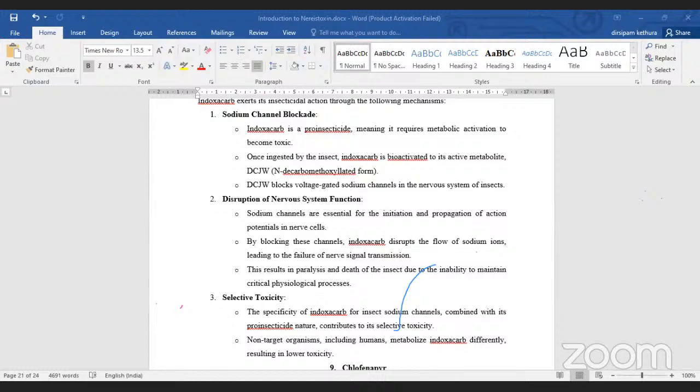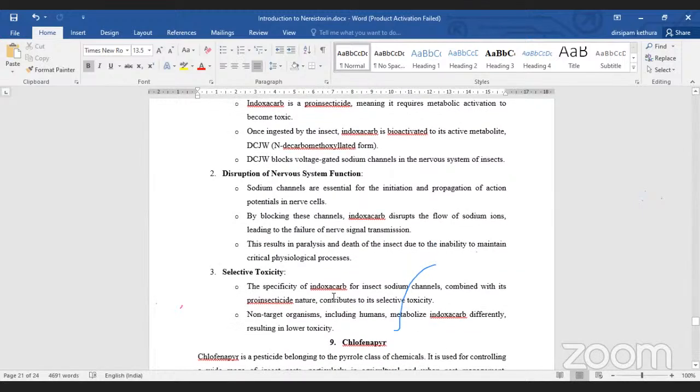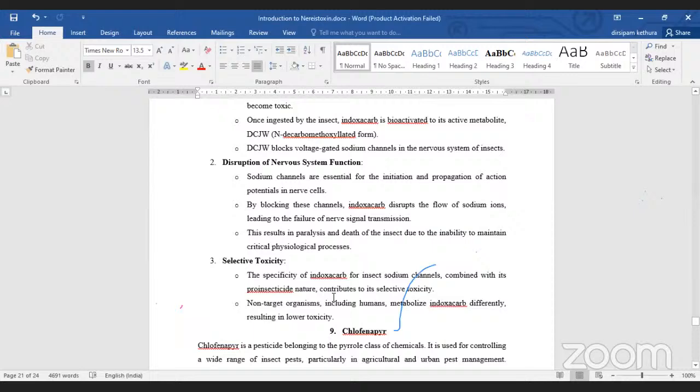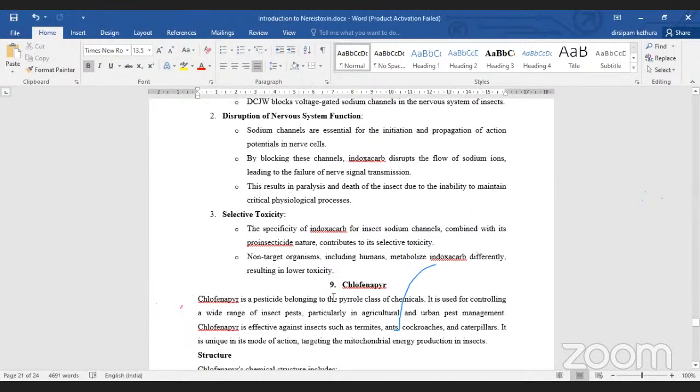And after indoxacarb gets activated, it blocks the voltage-gated sodium channels present on the neurons.